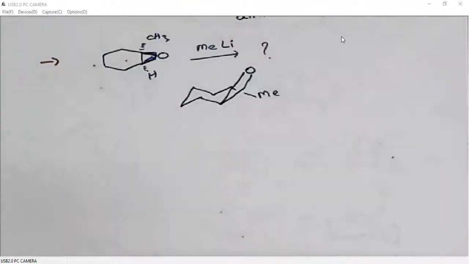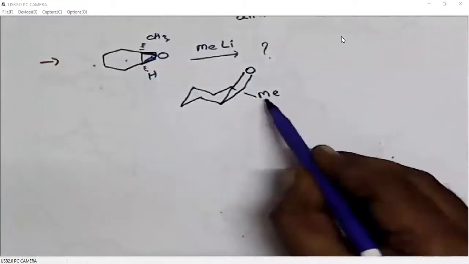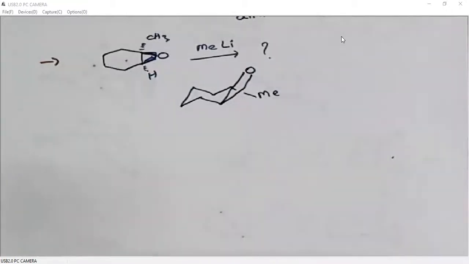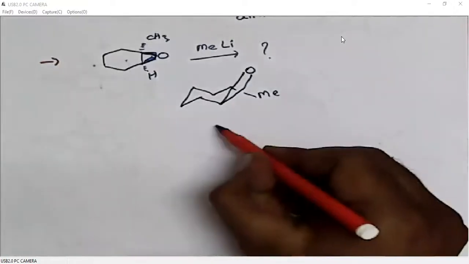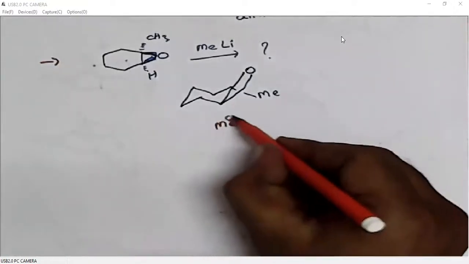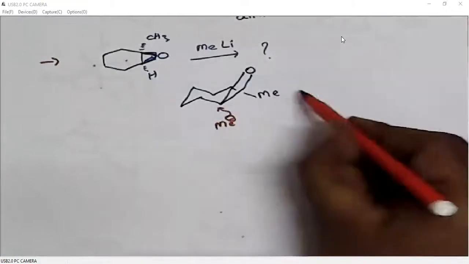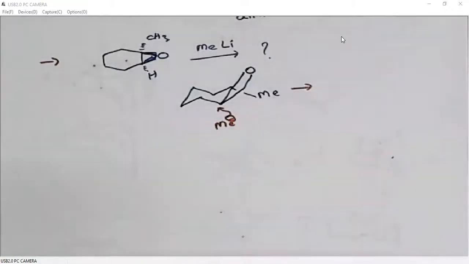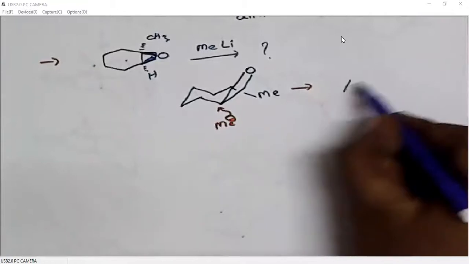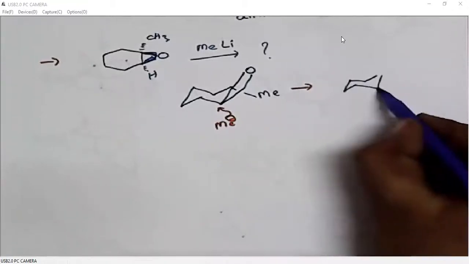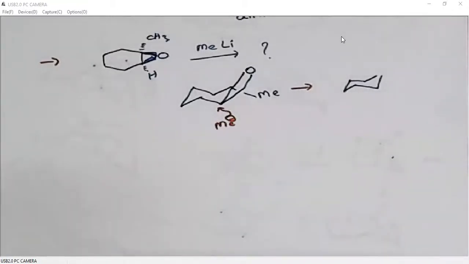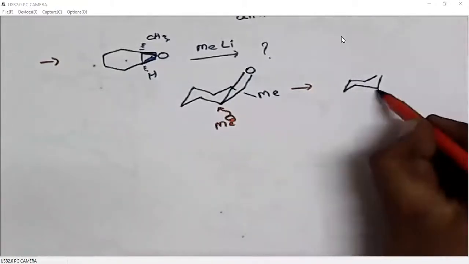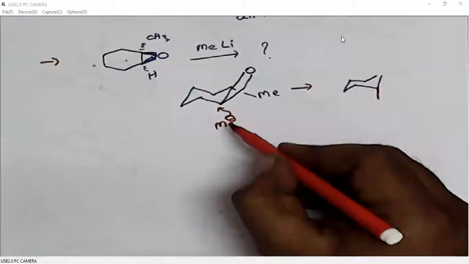So never look for the steric crowding around cyclohexane epoxides. Instead, we must always open this epoxide in such a way that when it undergoes epoxide opening, it must generate diaxial products. So when methyl is approaching, there are two possibilities.